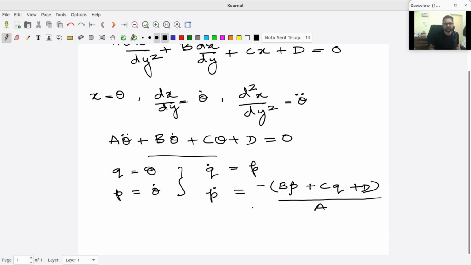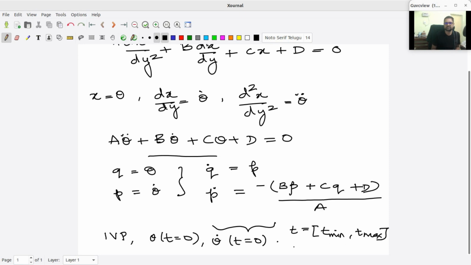Now most numerical solvers will solve equations in this form, and in the case of initial value problems, where initial values are given, meaning we know theta at time t equals 0 and we also know theta dot at time t equals 0, we are required to find both theta and theta dot for a certain time range, t equals some t min to t max.